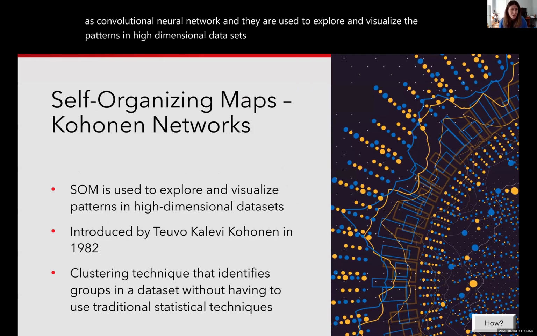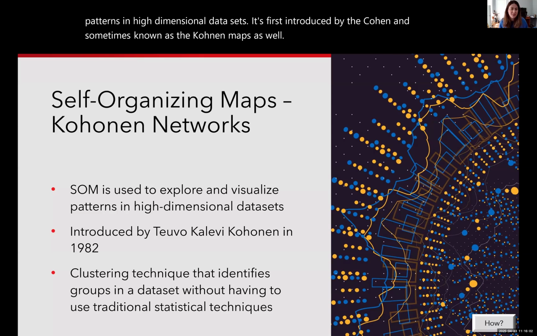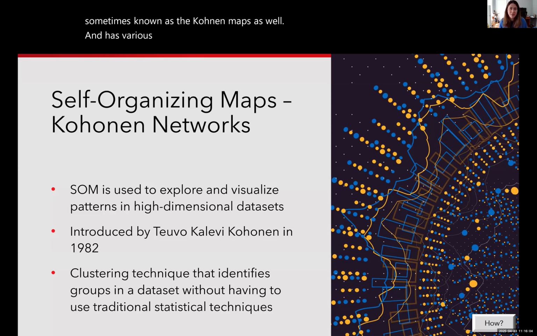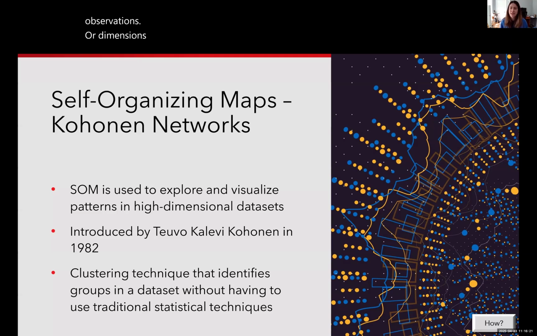It was first introduced by Kohonen, and is sometimes known as the Kohonen maps as well, and has various applications in the geographic science domain. It is found to be very effectively applicable to data sets containing a very large number of observations or dimensions for pattern discovery, exploring relationships, and detecting irregularities in the data sets.